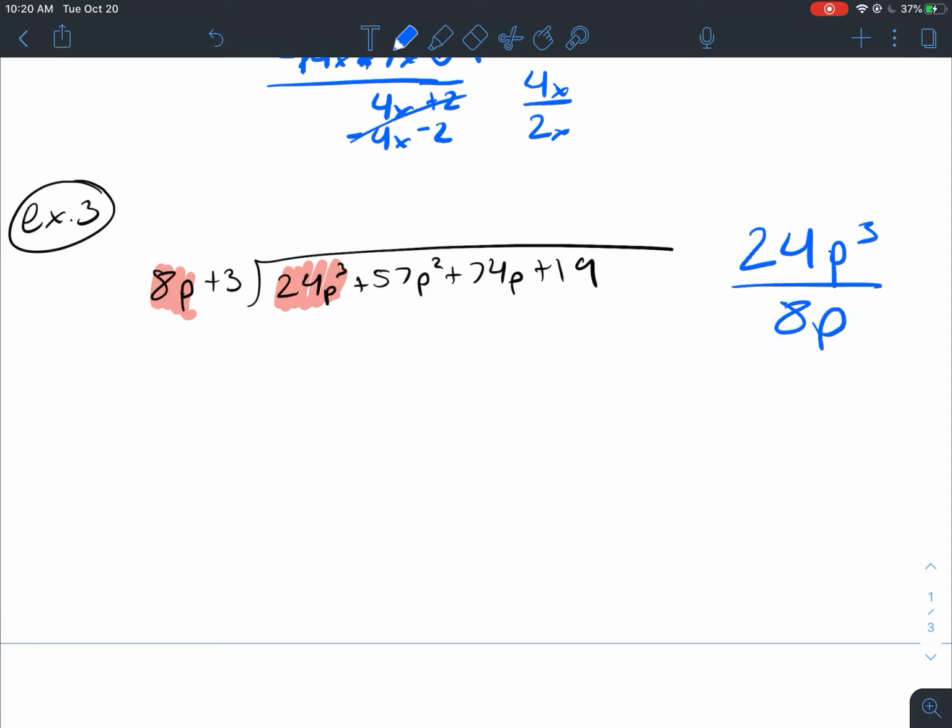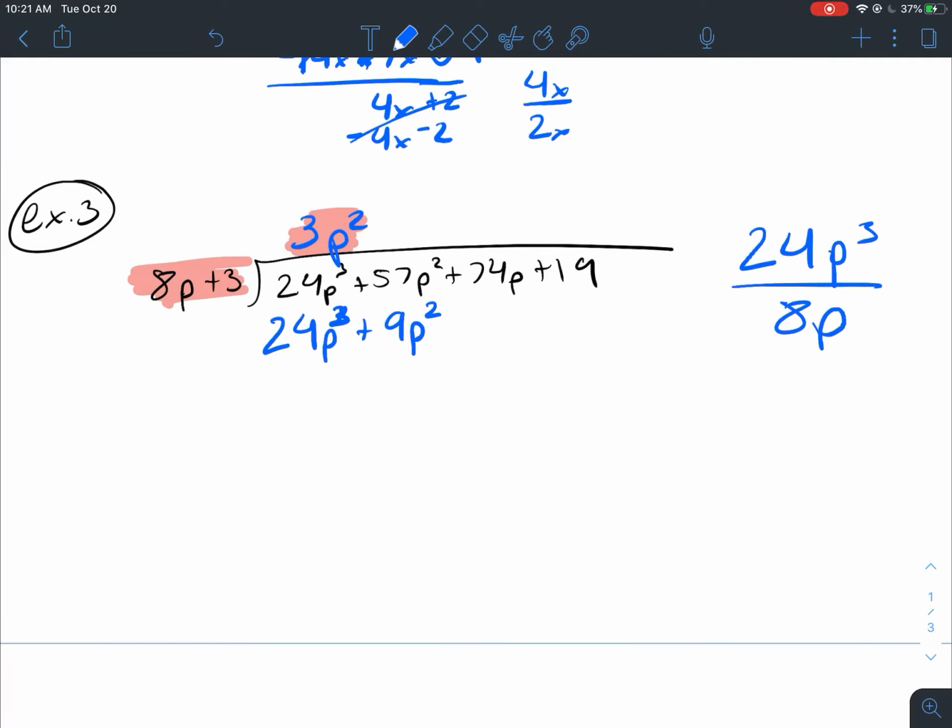That is going to give me a 3p squared. Then I'm going to multiply my 3p squared by my binomial. I multiply this guy with this guy, and I get a 24p cubed and a 9p squared.